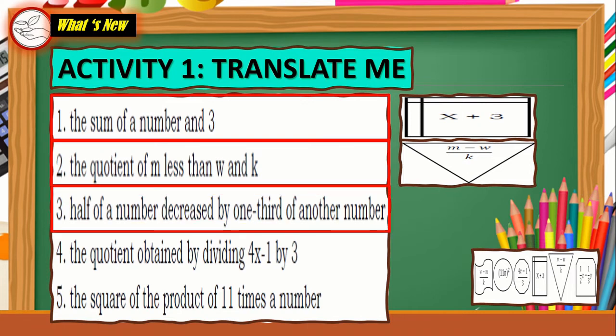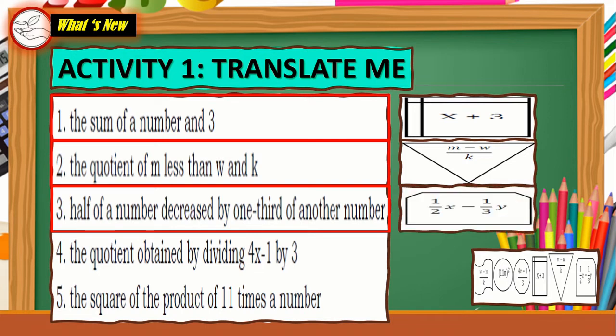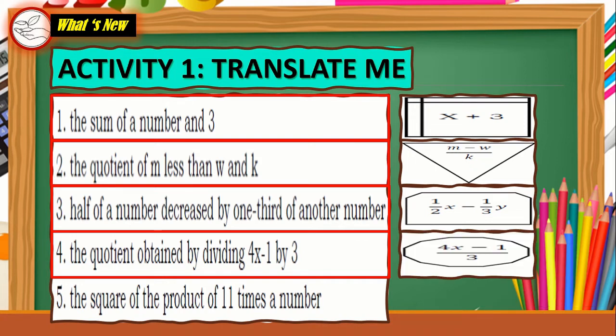Let's have number 3, half of a number decreased by 1/3 of another number. And that should be, good job, it's the hexagon, 1/2 x minus 1/3 y. Number 4, the quotient obtained by dividing 4x minus 1 by 3. That shape should be perfect.